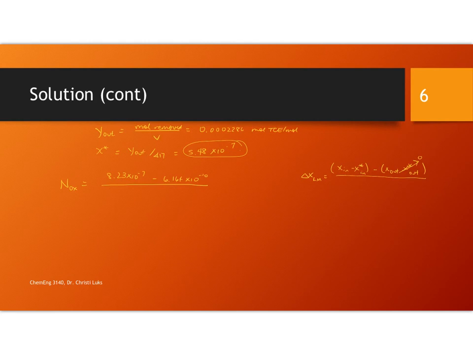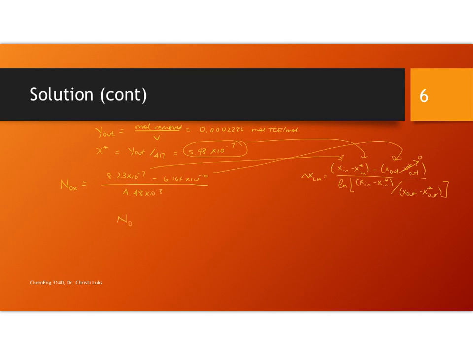X coming out is the 6.164, so this goes here, this goes here, this goes here. And then I'm going to divide by the natural log of, using the same values in there. And so therefore this answer is 4.48 times 10 to the minus 8th.